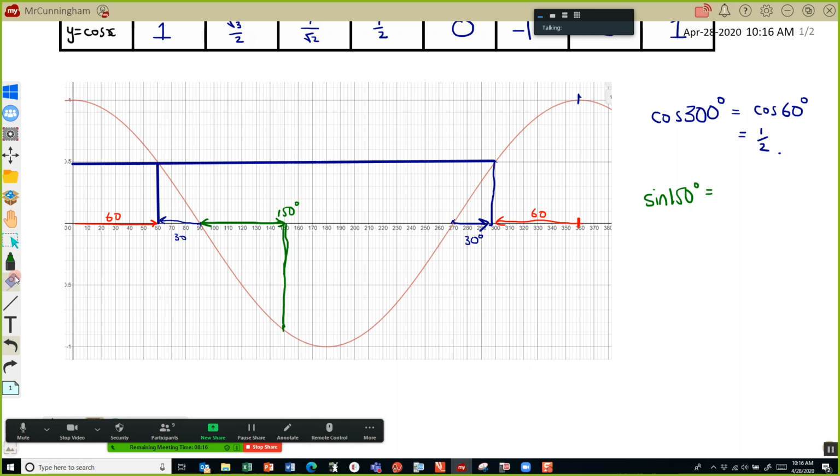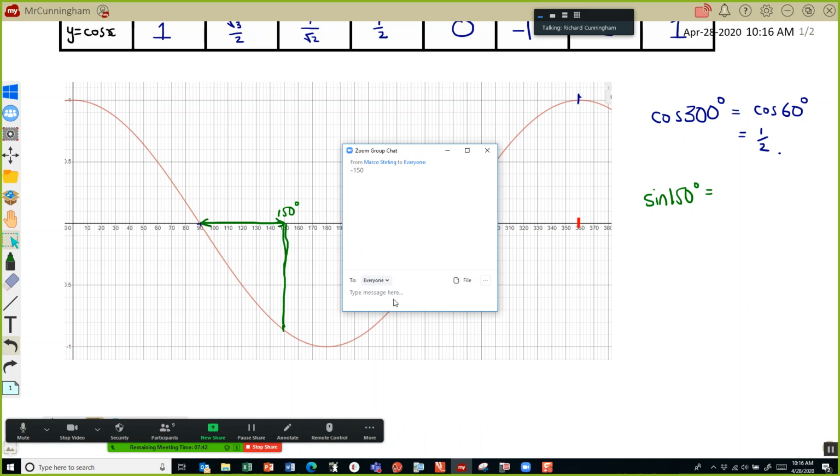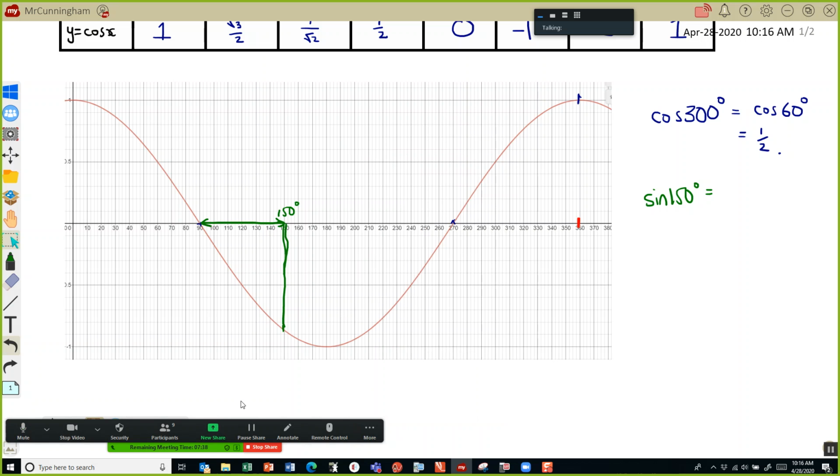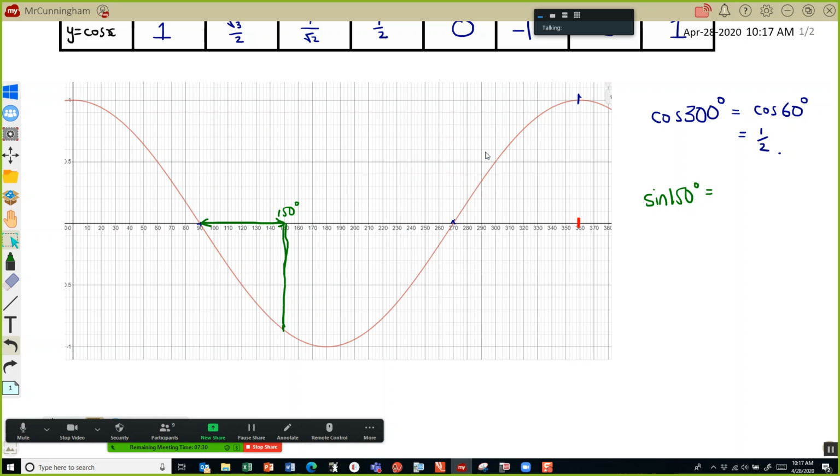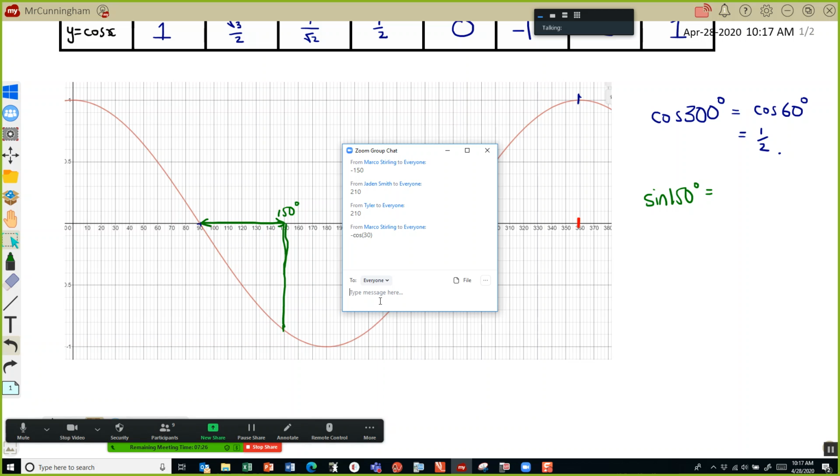Can we maybe type it in? Good mark. Good.